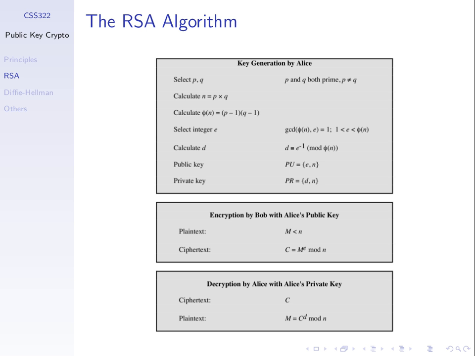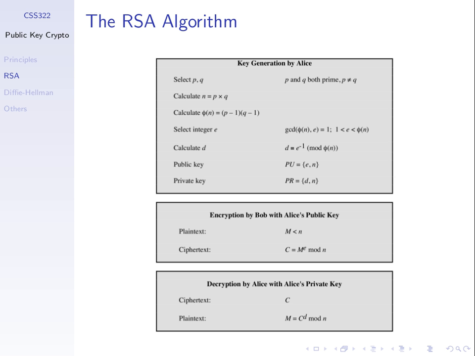How do you find M? What operation does it involve? Try all possible values. Okay, brute force attack. Try all possible M's, yeah, that's one approach. That's a brute force attack.